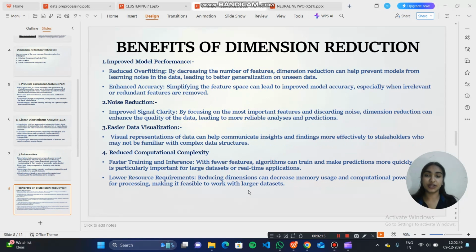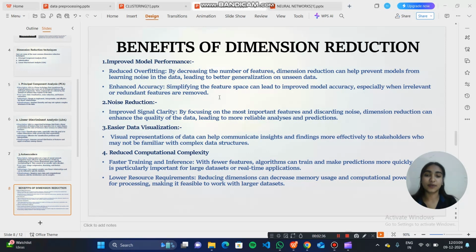Benefits of dimension reduction. First is improved model performance, reduced overfitting by decreasing the number of features. Dimension reduction can help prevent models from learning noise in the data, leading to better generalization on unseen data. Enhanced accuracy.